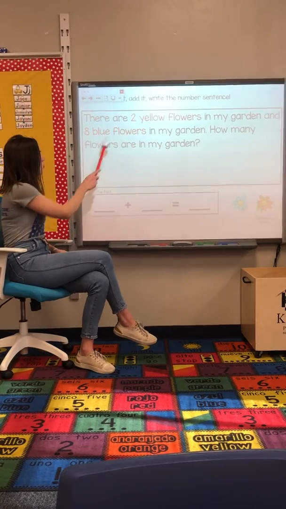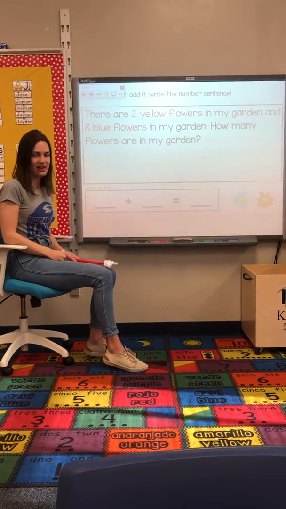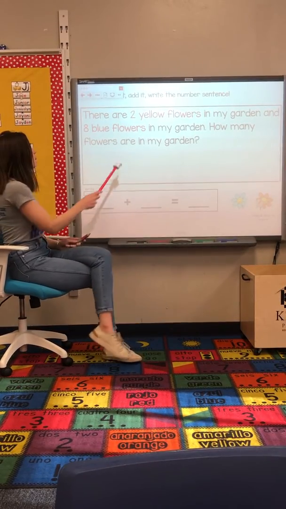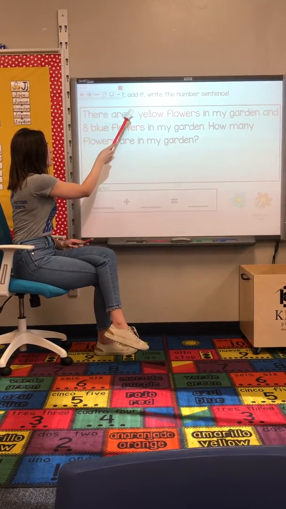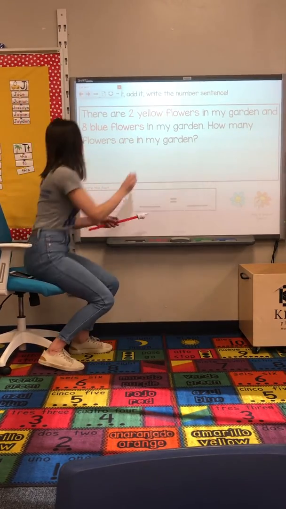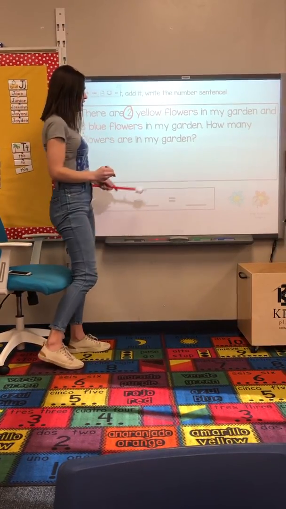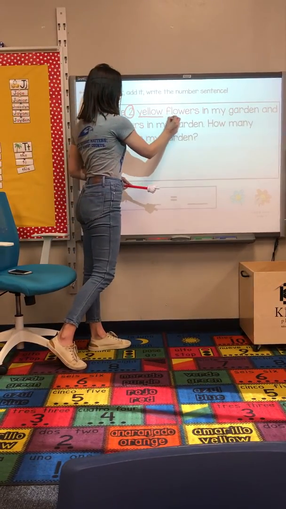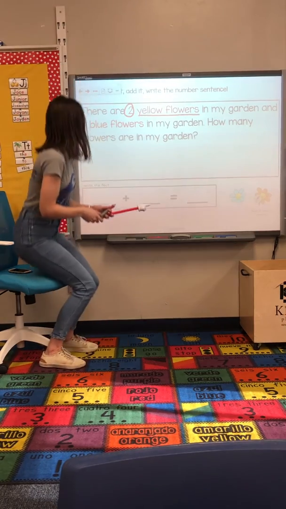So let's look at what numbers we need to add together. Read the sentence with me and we'll stop when we see a number. There are 2. Good, so we see the number 2. There are 2 what? Yellow flowers. So we'll underline yellow flowers.